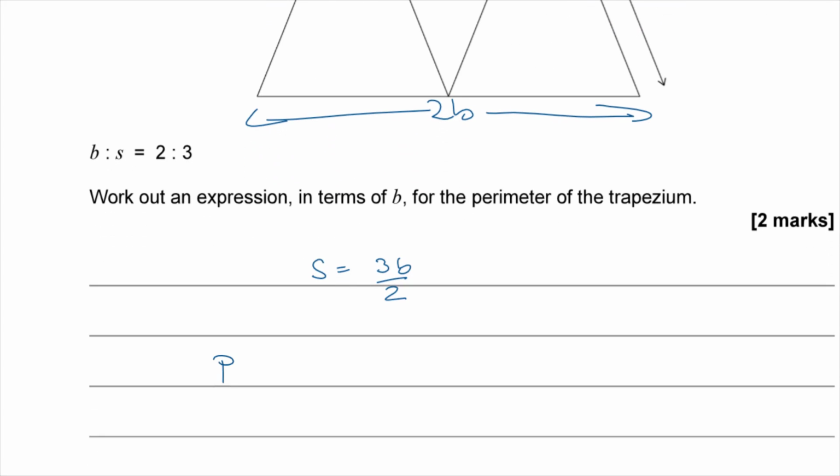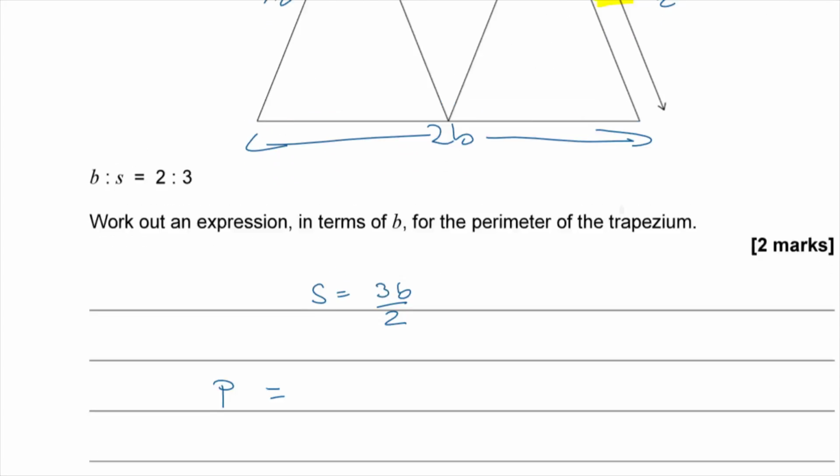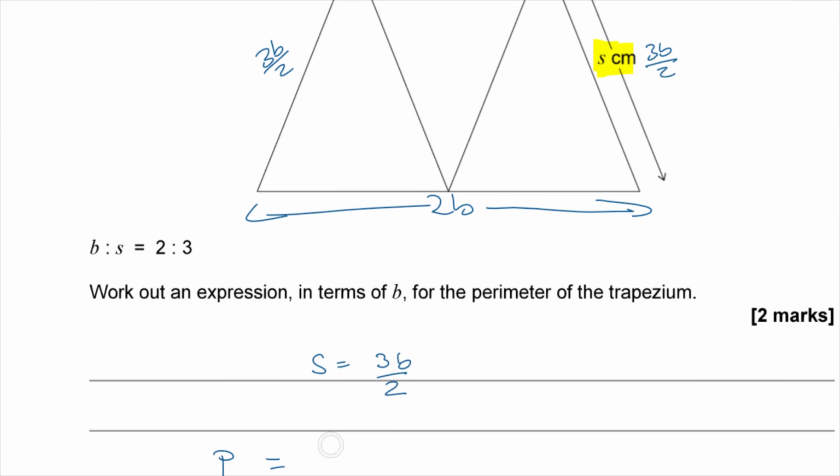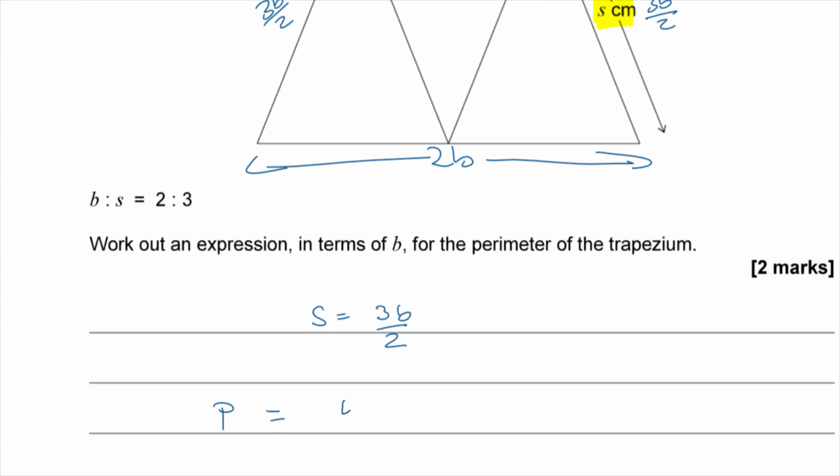So my perimeter is going to be my top line B, plus my S, which we worked out to be 3B over 2, plus the baseline, which is 2B, plus the other slanty line, which is another 3B over 2.